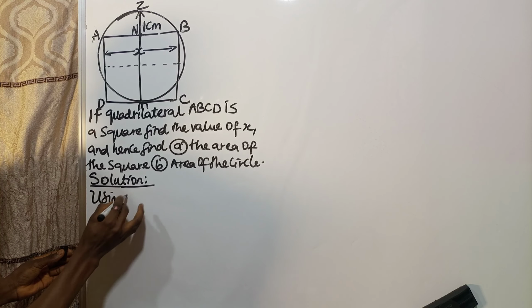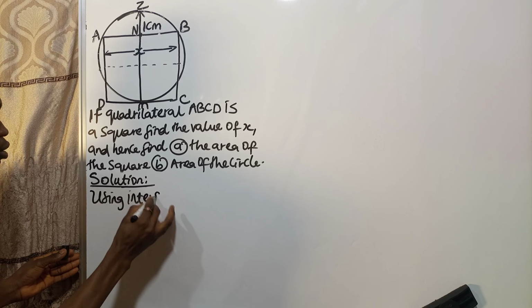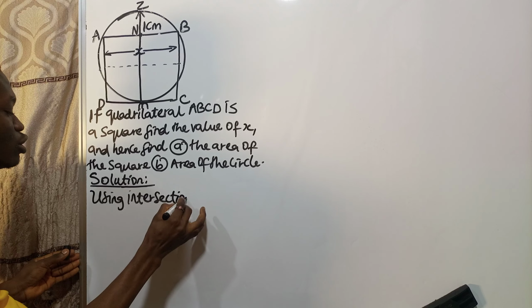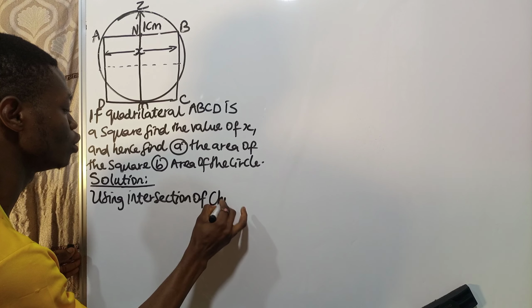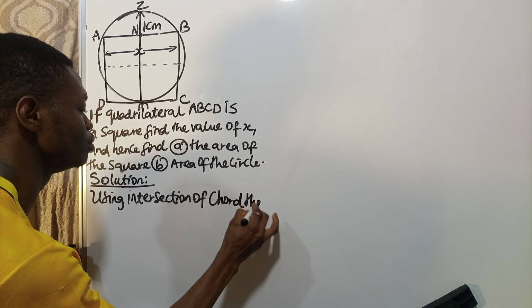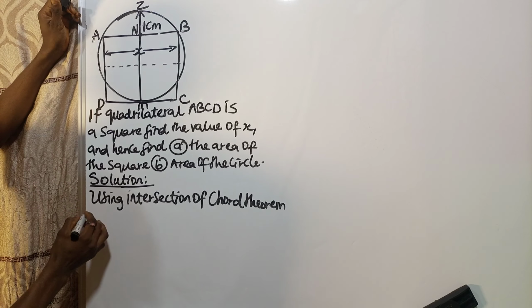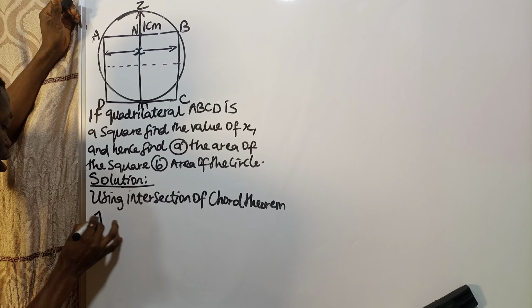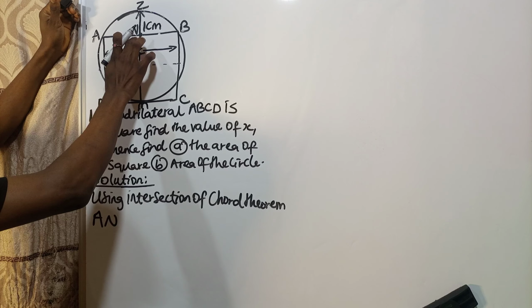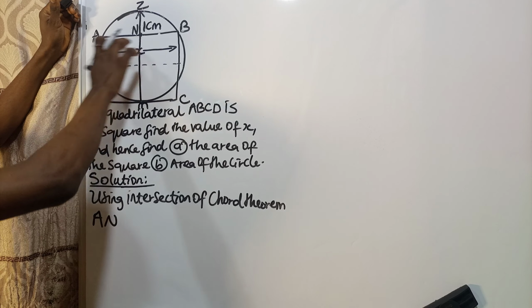The intersection of chords theorem is trying to tell us that AN, as you can see, N is the midpoint of this chord AB.